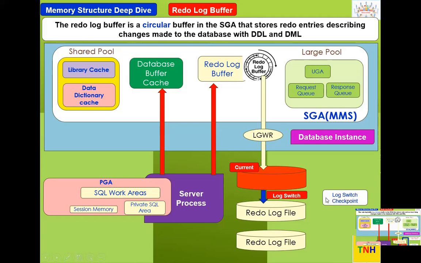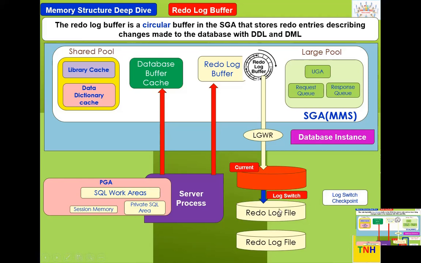We will understand what we mean by log switch checkpoint in the coming slides, as I have a separate explanation for checkpoint. For the time being, just make a note: at each log switch there will be a checkpoint.